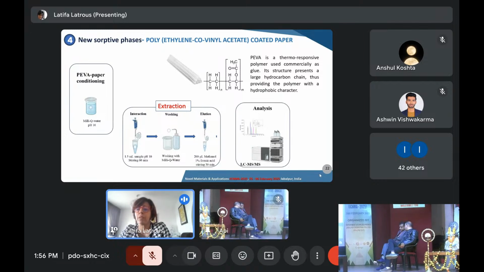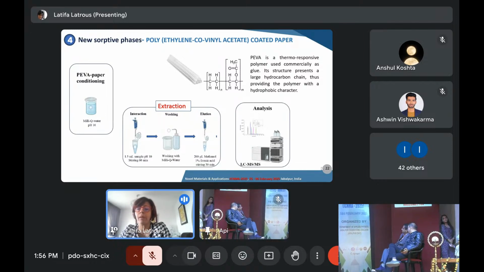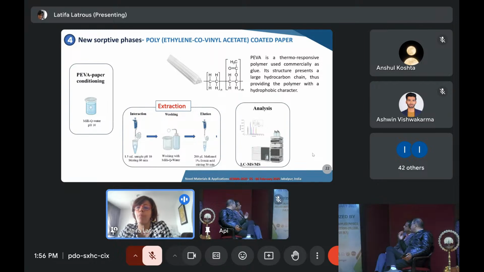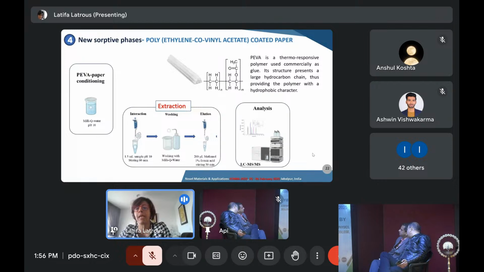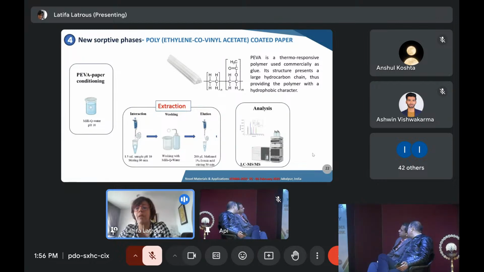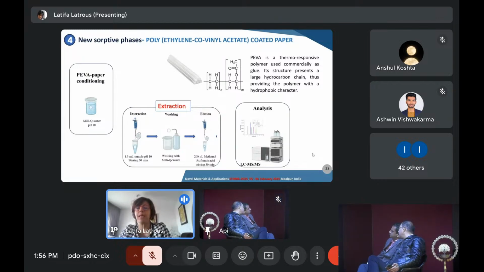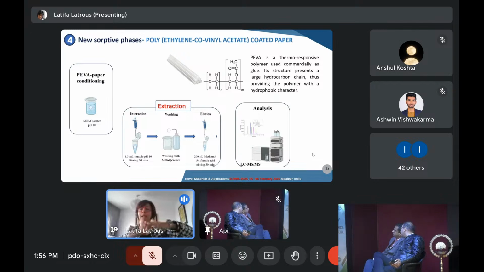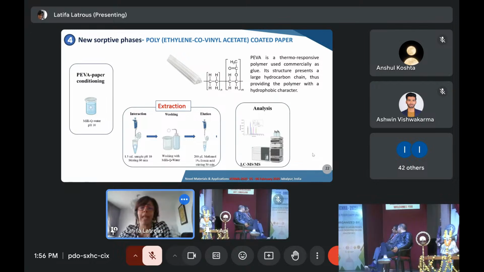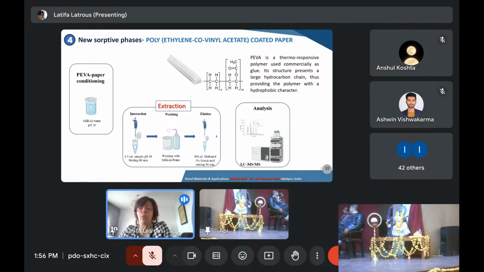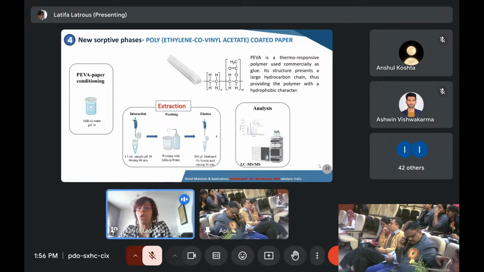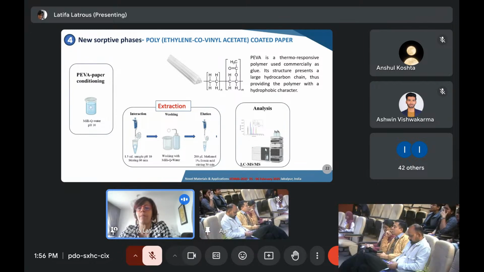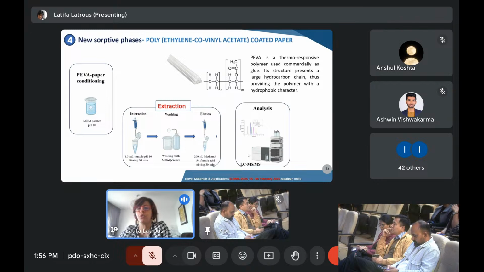The synthesis just required the solubilization of the polymer in chloroform, the immersion of a paper strip in this solution, and final evaporation of the solvent to create a polymer layer over the paper. The extraction procedure begins with the conditioning of the paper using pure water, followed by its immersion in diluted urine for analyte extraction.